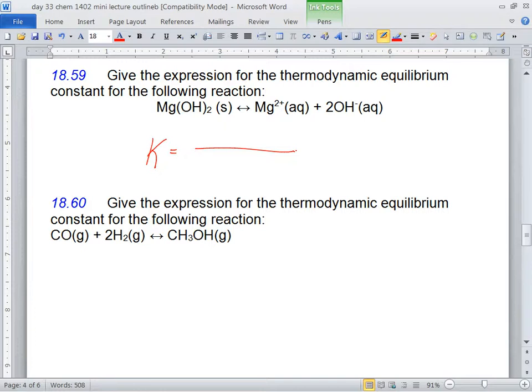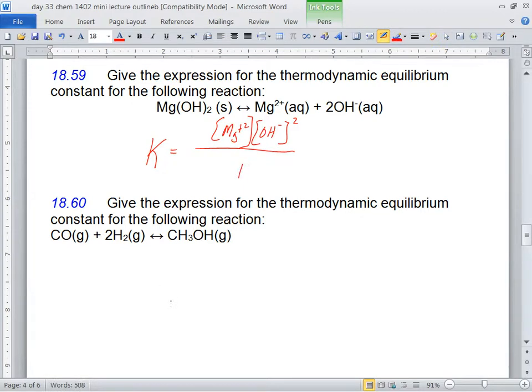So Kendall, what did you put? You did the bracket things, right? Yeah, perfect. You caught it. This one little trick there.